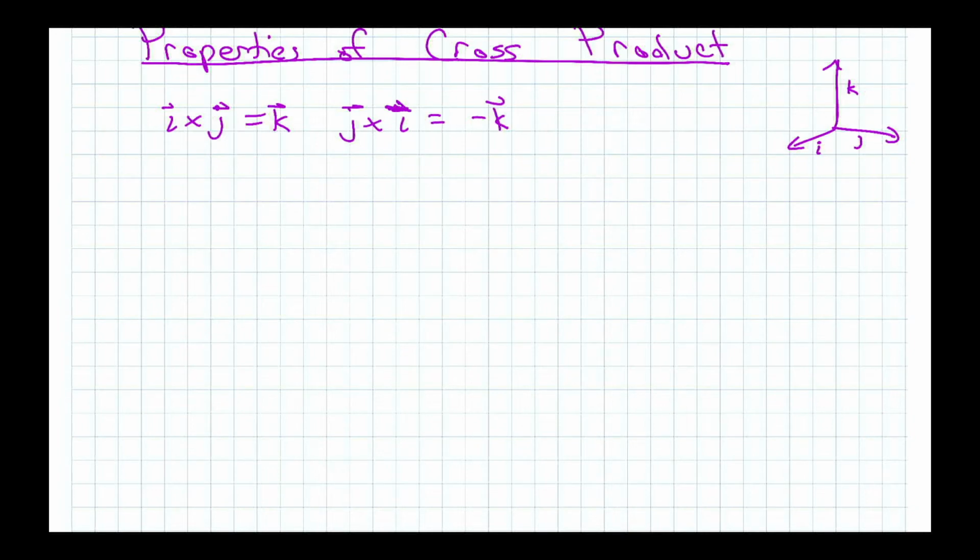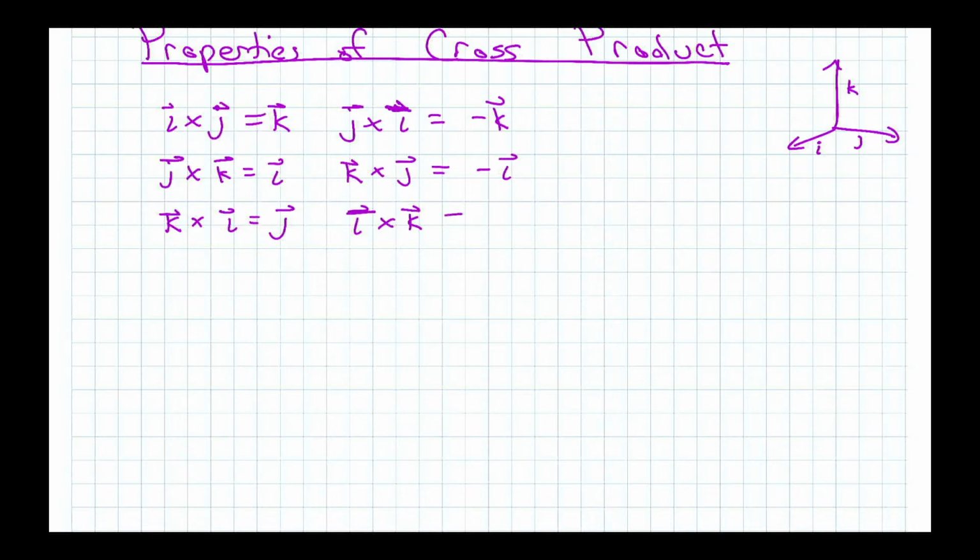And if you do J cross K, the result is going to be I. If you do K cross J, the result is going to be negative I. If you do K cross I, the result is going to be J. And if you do I cross K, the result is going to be negative J.